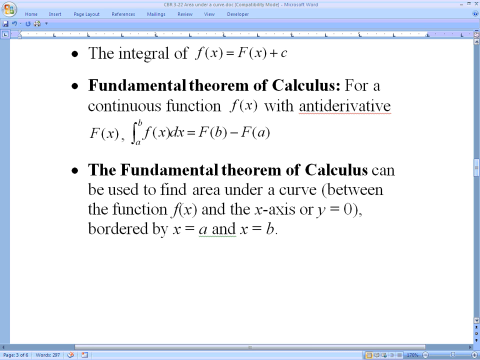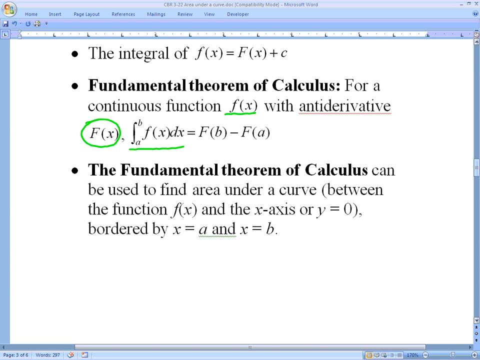Fundamental theorem of calculus. For a continuous function, meaning that it is connected, there's values continuously at all values of x, not just discrete like whole numbers or something like that. With an antiderivative of f of x, so we have a function whose antiderivative is f of x, we end up with this formula, which is the integral from a to b of f of x with respect to x.